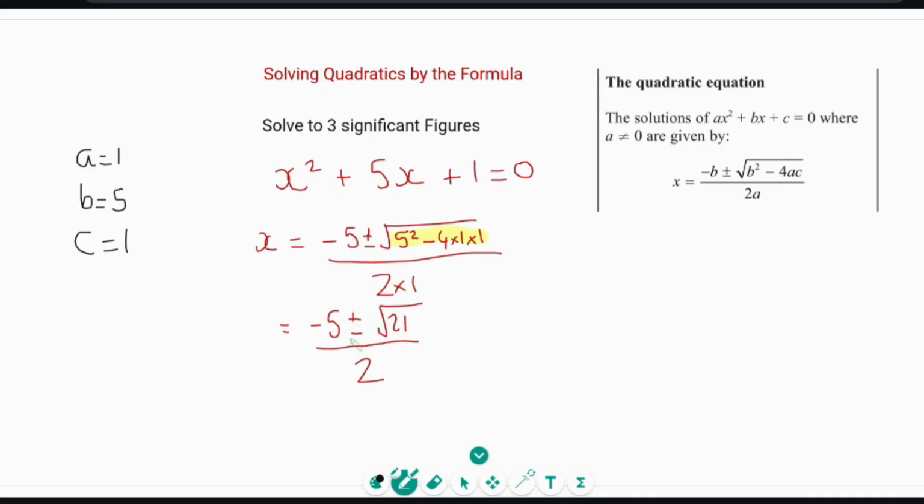So what's this plus or minus bit all about? Well, as you know from solving quadratic equations by factorisation, we can have up to 2 solutions. The one solution is with the plus, and the other solution is with the minus.